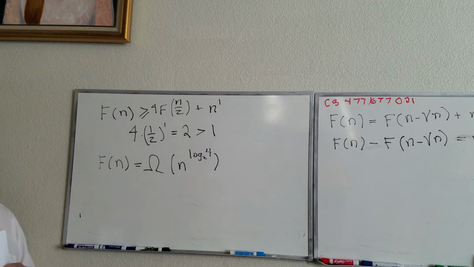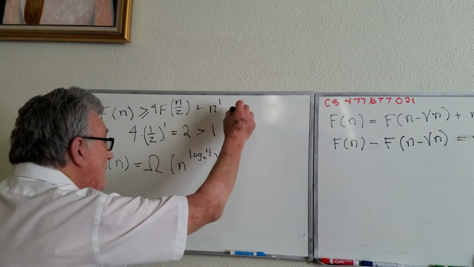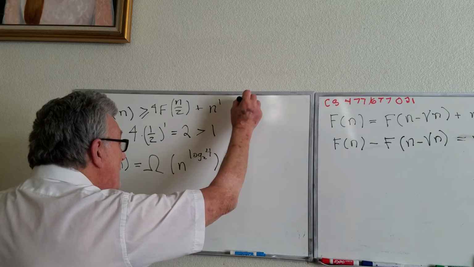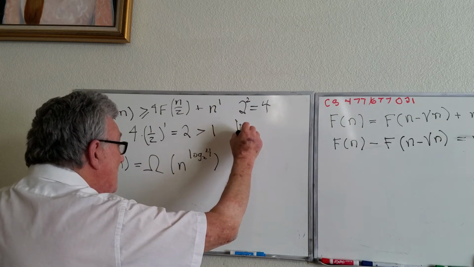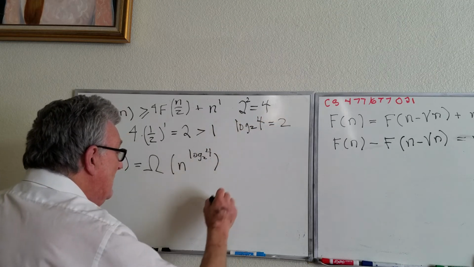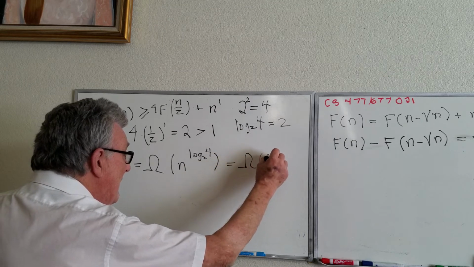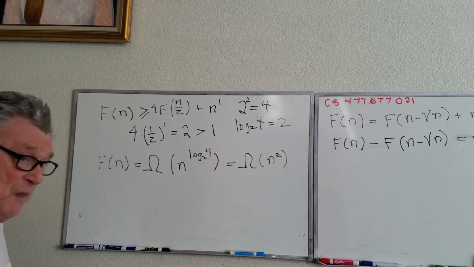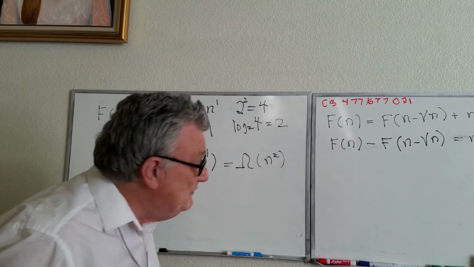Of course, if you have a calculator, you can approximate it. But you should know that the base 2 logarithm of 4 is 2. So 2 squared is 4, which is the same as saying the base 2 logarithm of 4 equals 2. And so this is omega of n squared. That's the answer.